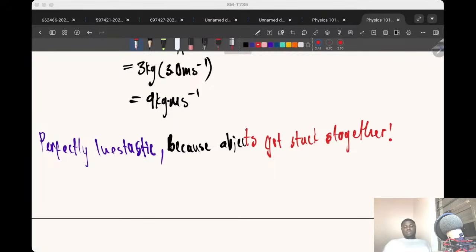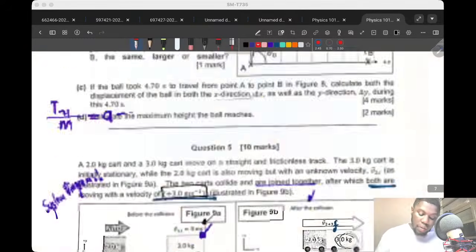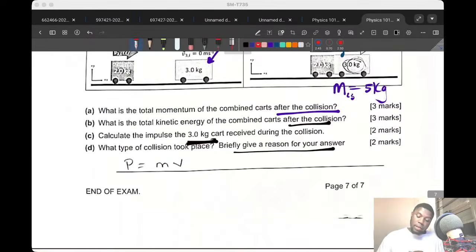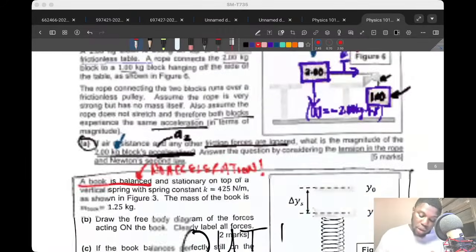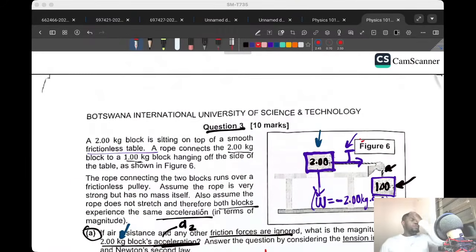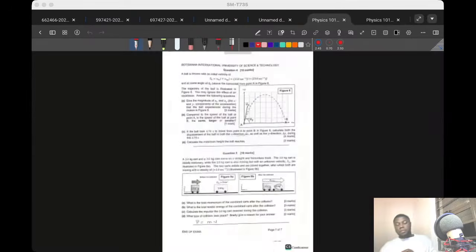If they get stuck together after collision, that collision is called perfectly inelastic. That is what we did here, and that is what should be done. You're done with this one, you move on. This type of question will come back, but we're not interested. Anyway, we've seen these questions, and they are the typical questions that come up. Let's look for another paper.